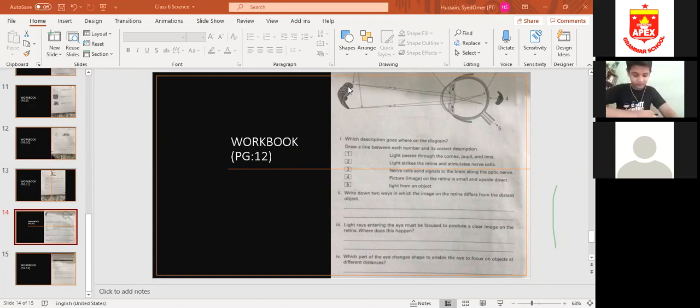What is the second one? Cornea, pupil. Give the proper answer, look at the description from here.